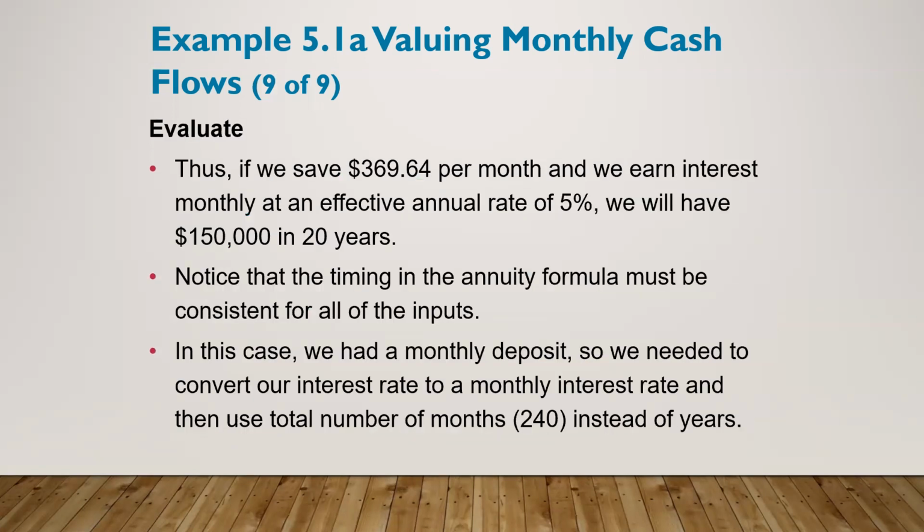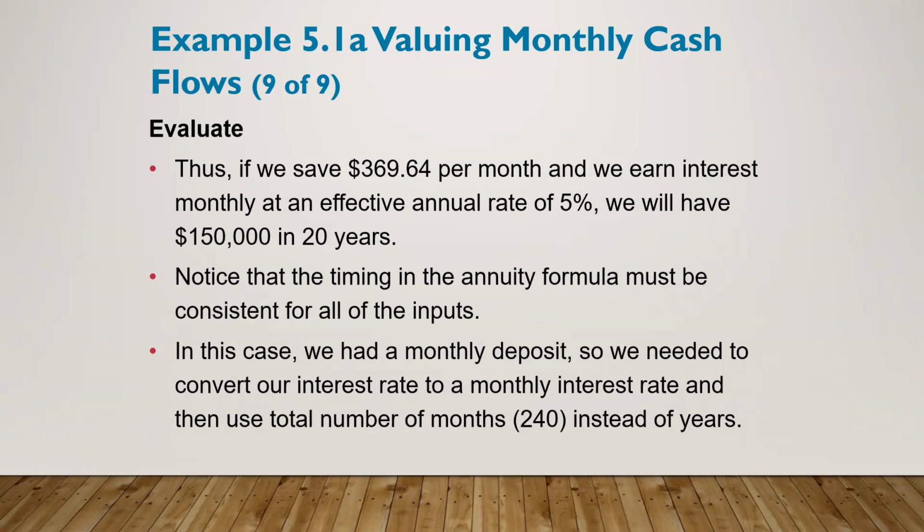All right, to evaluate, thus, if we save $369.64 per month, and we can earn interest monthly at an effective annual rate of 5%, we will have $150,000 in 20 years.